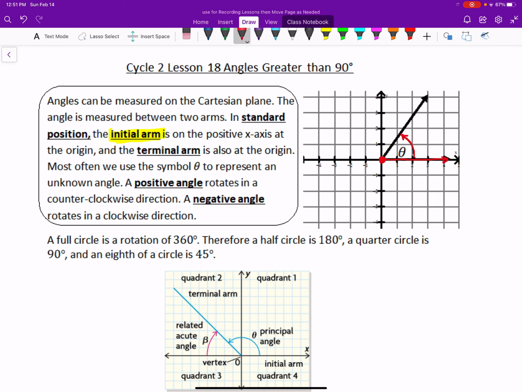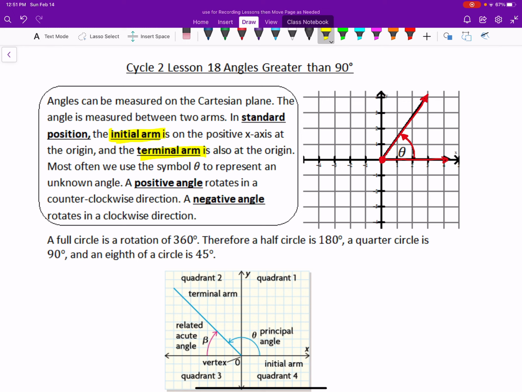Here's an illustration of a particular angle, which we often call theta, until we get to what's called the terminal arm. Terminal, as in that's where the angle stops. So the angle's between those two arms, and it's centered at the origin.